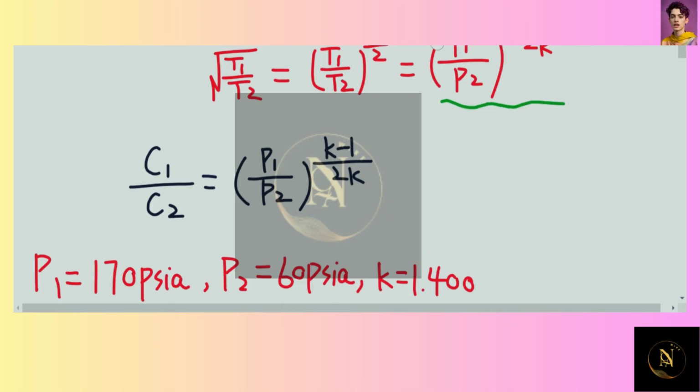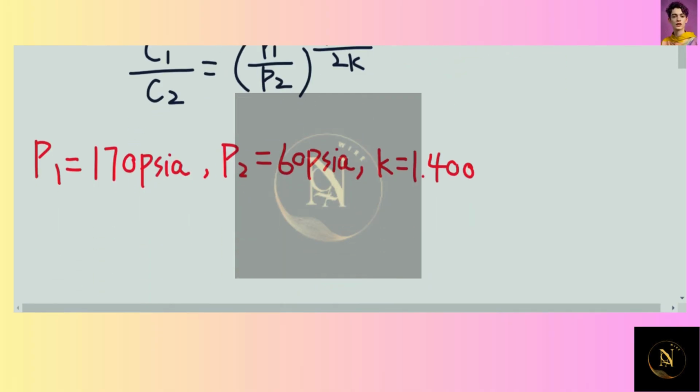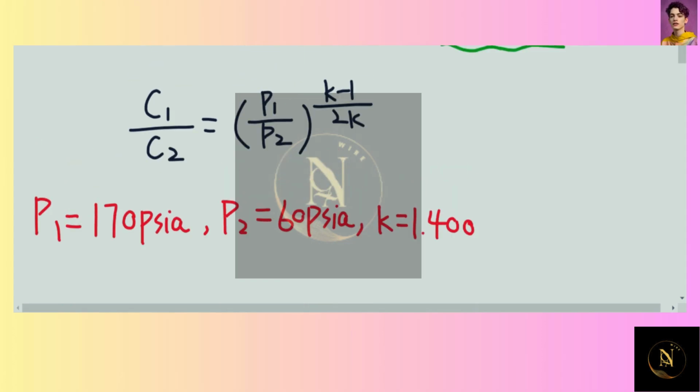We know the initial pressure is 170 psia, and the final pressure is 60 psia. The specific heat ratio for the air is 1.4.